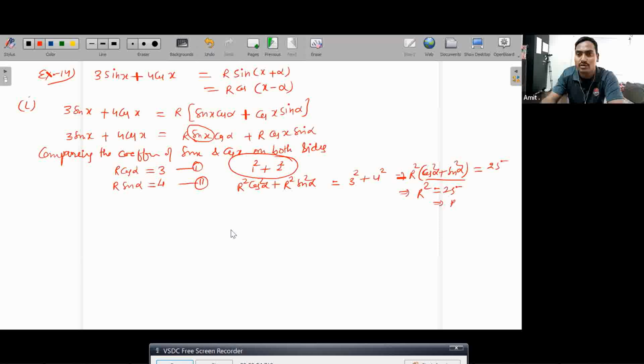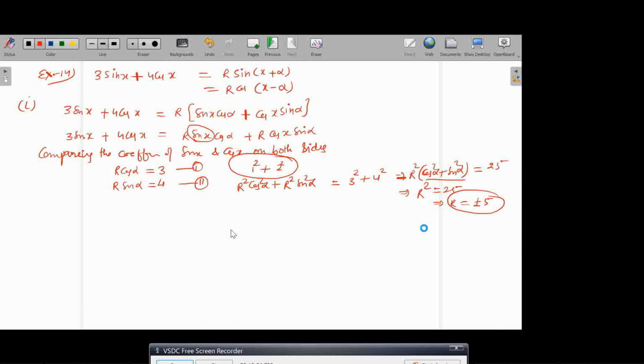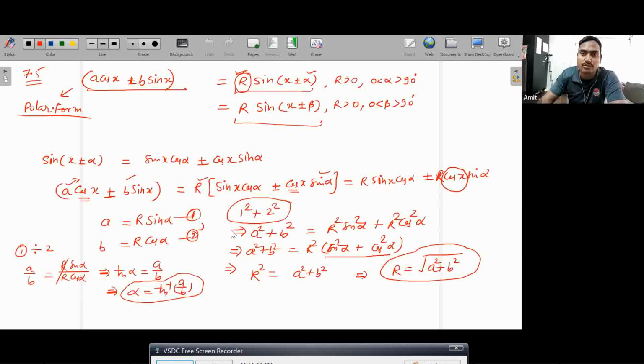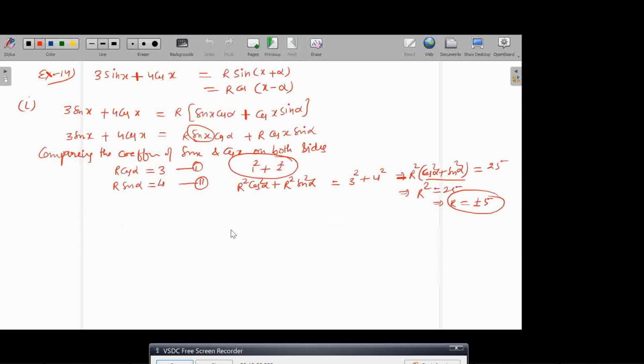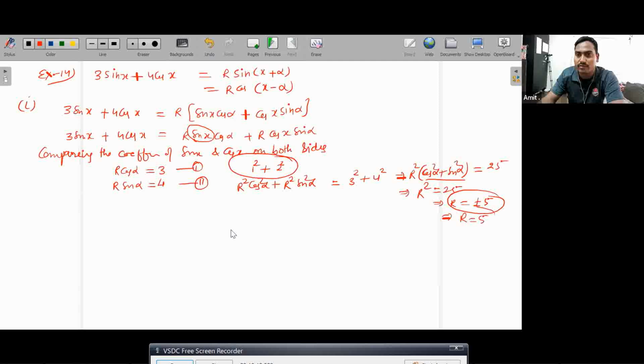So R is plus minus 5. But the condition is that you take R greater than 0, as I showed you on the last slide. So here R is 5.